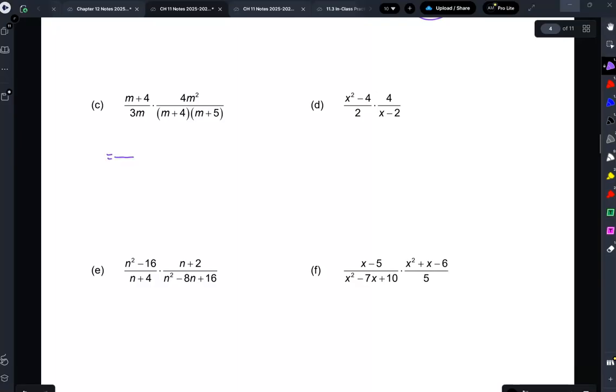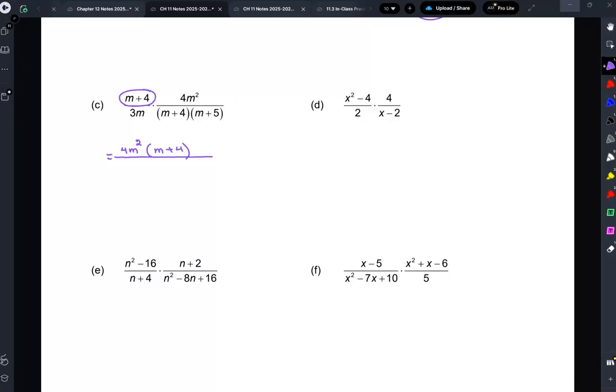Let's combine like this. Okay, so look at this one. I write the monomials first. 4m squared. The m plus 4, does it factor? No. I'm going to write the m plus 4, but guess what, guys? I need the parentheses.